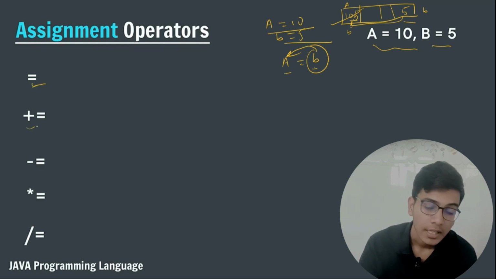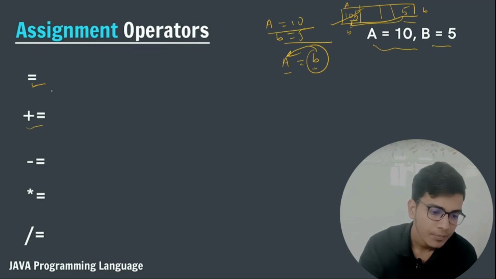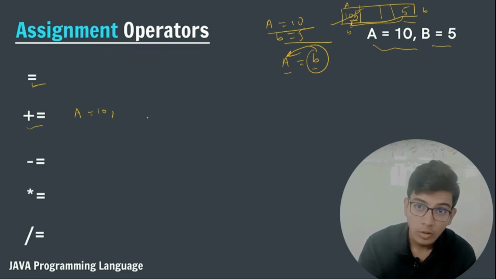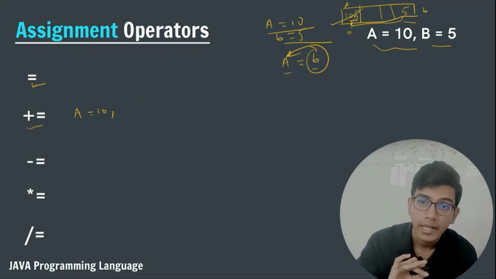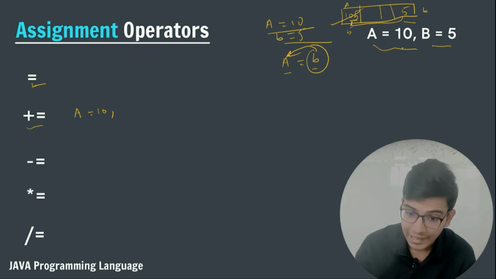And this is known as increment or add after that assign. Let us consider a is equals to 10, and you want to increase the value of this operand by 10 or by 5. Let us say I want to increase the value 10 by 5.